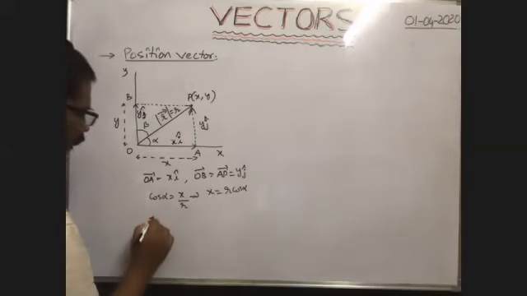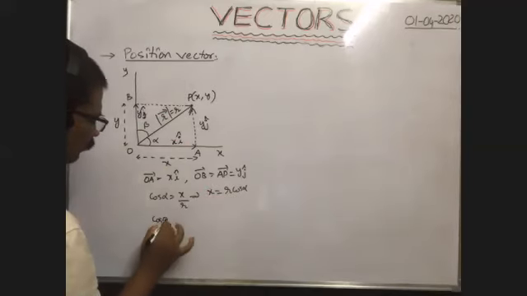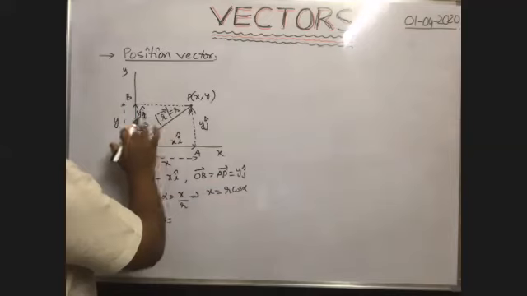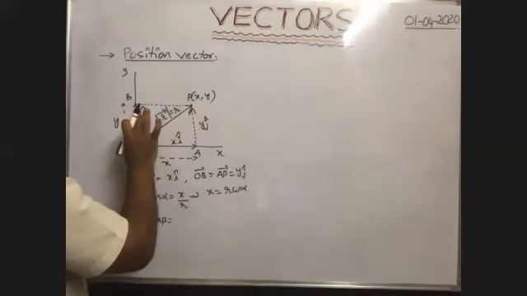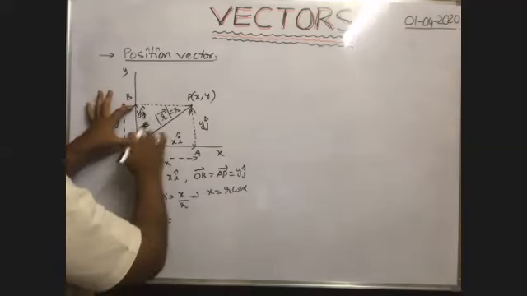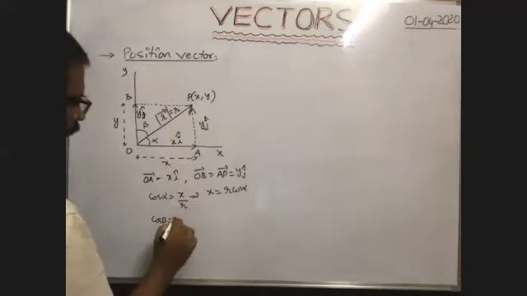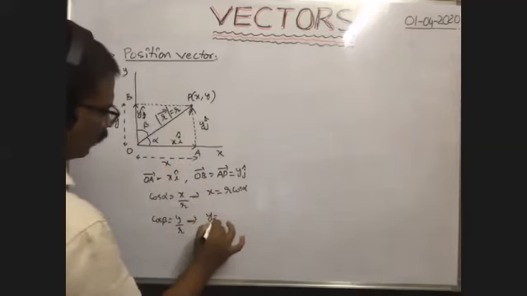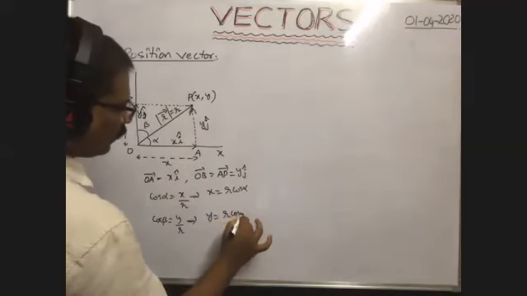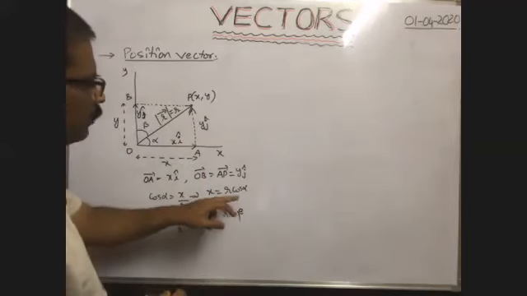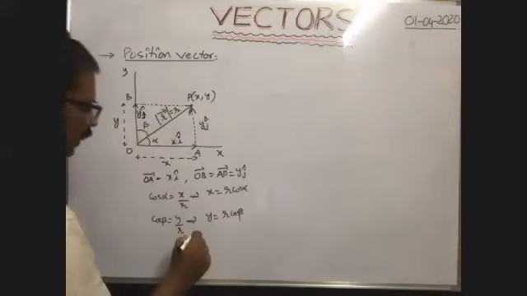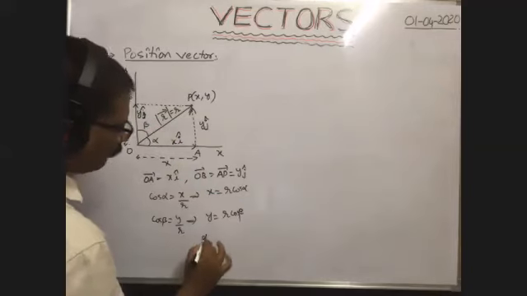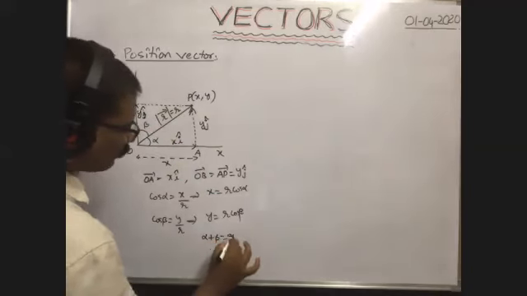Similarly, in this right angle triangle, cos beta is equal to adjacent by hypotenuse, meaning y by r. So y by r implies y is equal to r cos beta. Suppose you want to express this beta also in terms of alpha, then we can write from the diagram alpha plus beta is equal to 90, no?